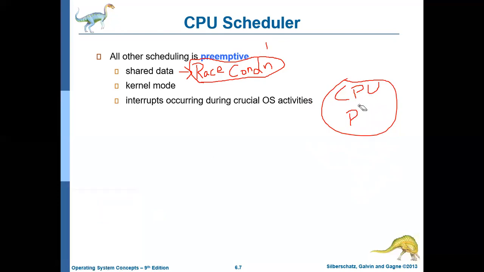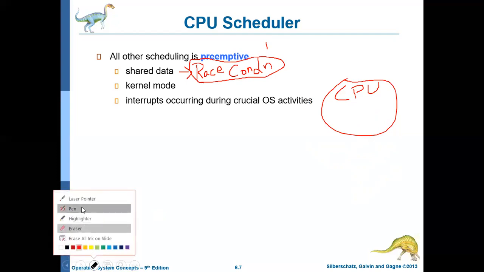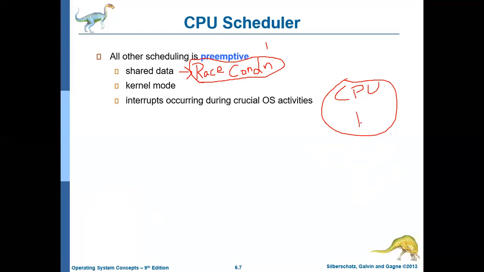This kernel process is performing some crucial task for the operating system.